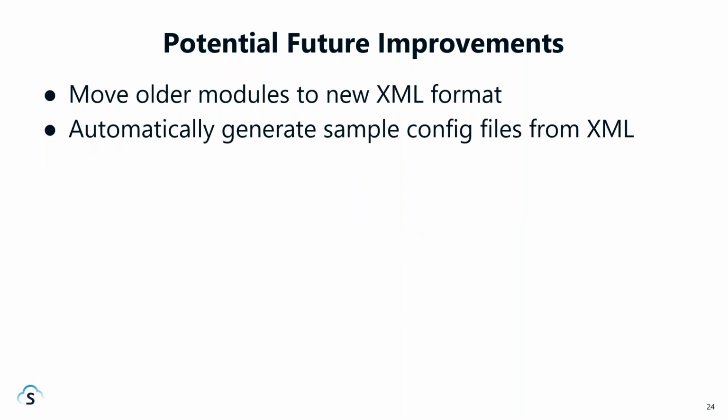All the sample configuration files right now are handwritten by people when they contribute things, when they create a new module, that kind of stuff. It would be nice if we generate sample configuration files from the XML instead, to ensure that those sample configuration files have an accurate, complete view of all the different options and such.